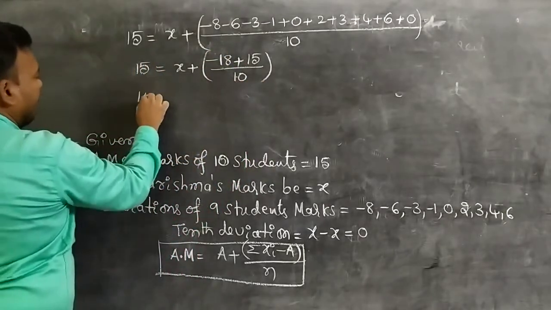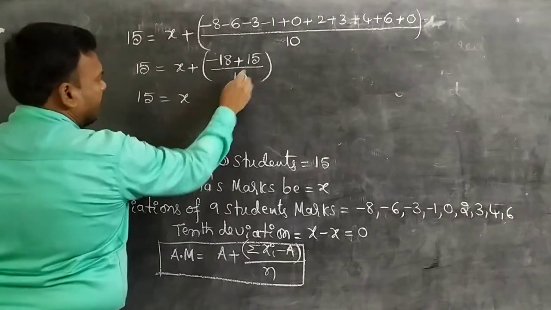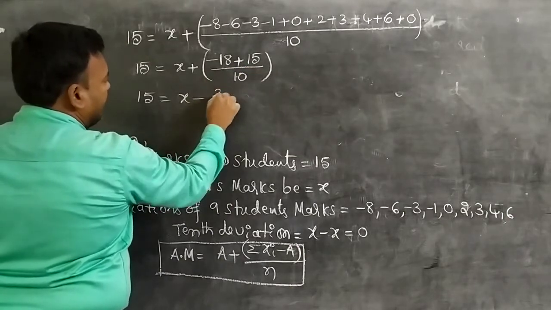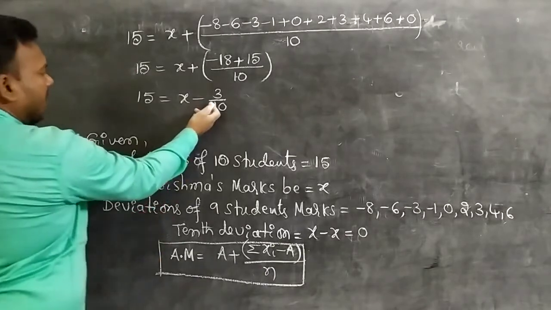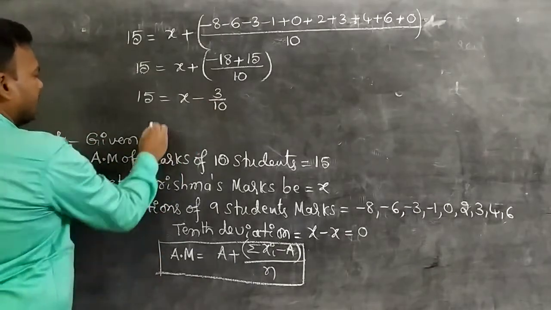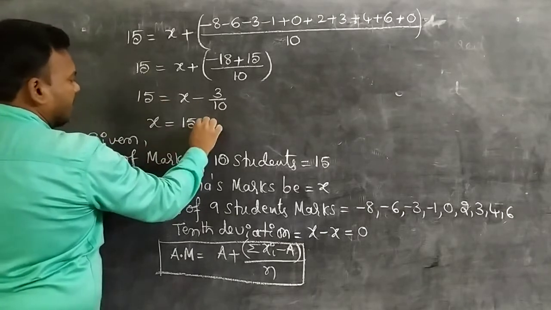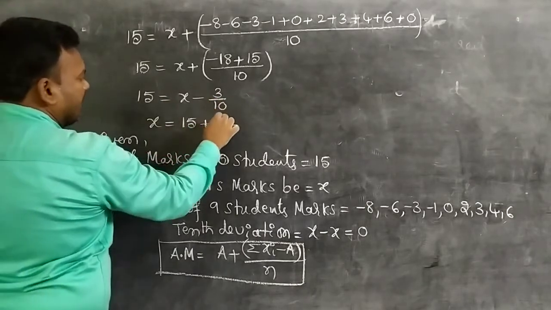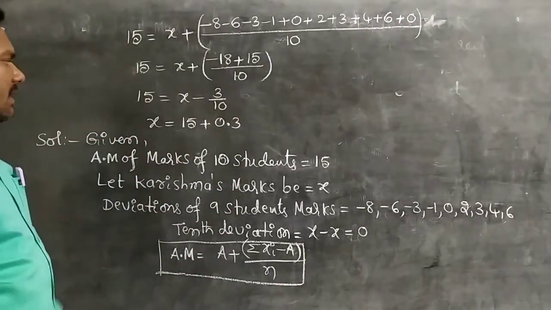So 15 equal to X plus, here minus 18 plus 15 is nothing but minus 3, by 10. So this minus value transferred to the left side becomes plus. Then X equal to 15 plus 3 by 10, nothing but 0.3. Right. Then that is plus.